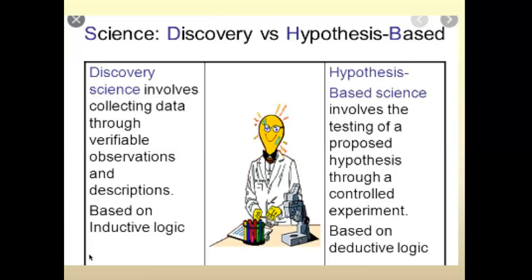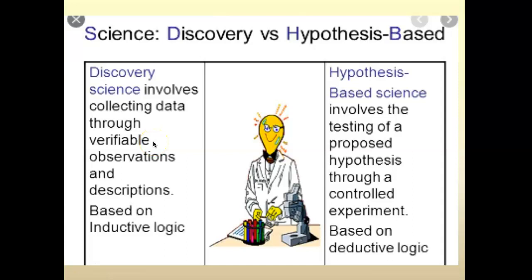Underneath discovery science, we can see from the PowerPoint slide, it involves collecting data through verifiable observations and descriptions, and then you base your conclusion on inductive reasoning, some kind of inductive logic. The important thing here is to realize that you have verifiable observations and descriptions, so other people can come to the same conclusions that you can.